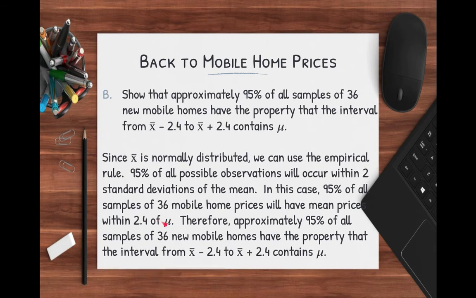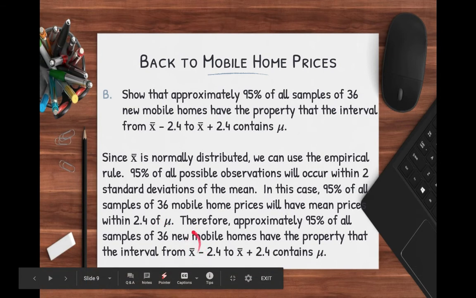So if we take our sample and we go 2.4 above, 2.4 below, we say approximately 95% of all these samples will contain mu. So that's kind of where we're going here.